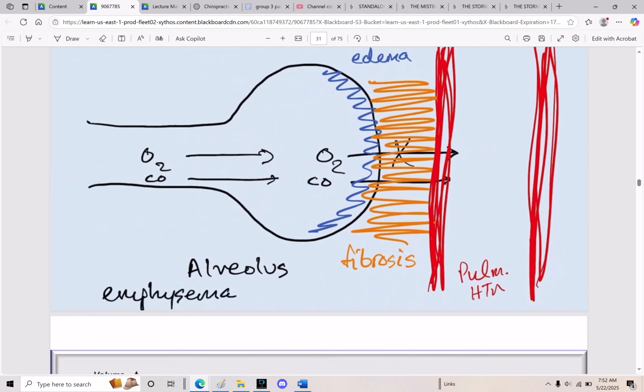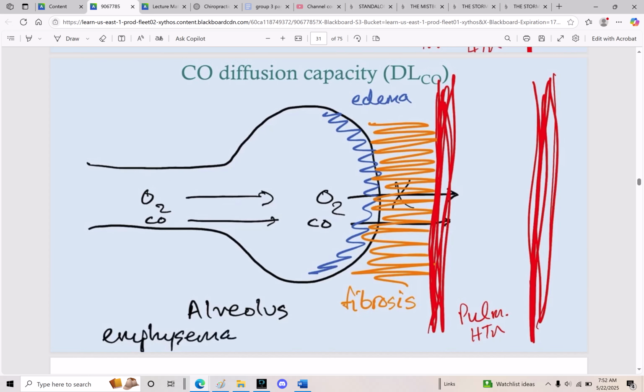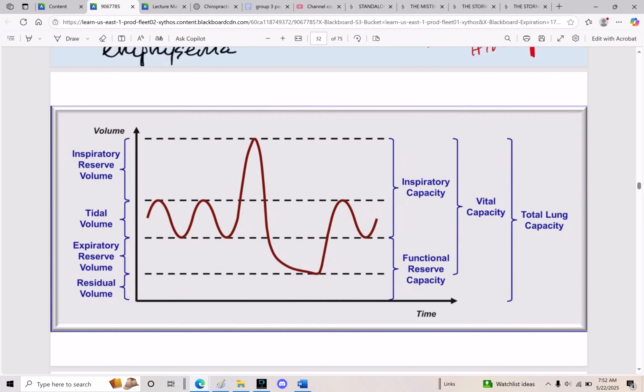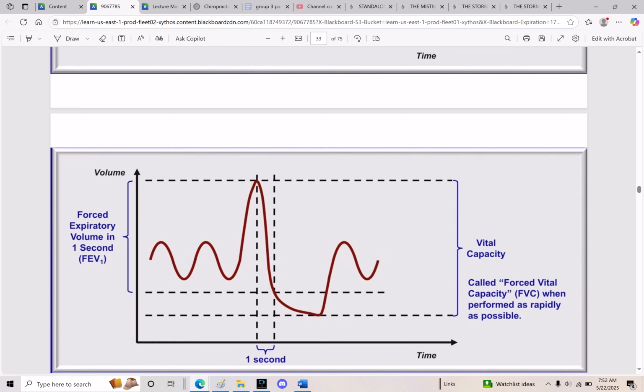So I have it here for you instead of the drawing on the board, okay? All right, so these are the conditions: edema, emphysema, you have alveolus as well, you have fibrosis, right? Or pulmonary hypertension, okay? Now this again, I took this from another set of slides, but it's the same. There's no difference, so I'm just going to fly over it, okay?